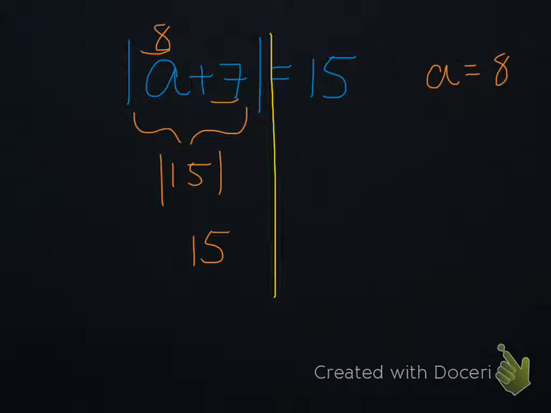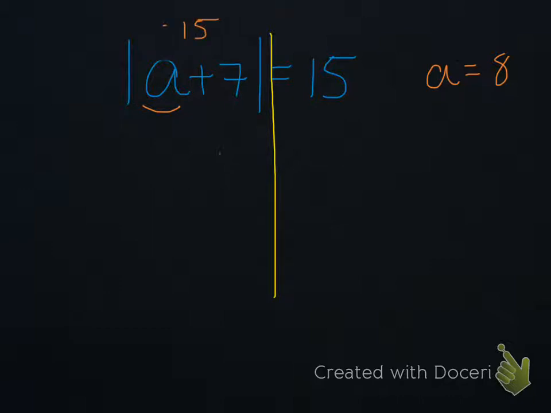If A was equal to 8, then I would have the absolute value of A plus 7 be equal to 15. All right, now let me give you another scenario, because those of you who've watched the video on intuition know there is more to it, right? There's another number that would give me the value, and that other number would be whatever you would have to make A so that A plus 7 would also give you a negative 15.